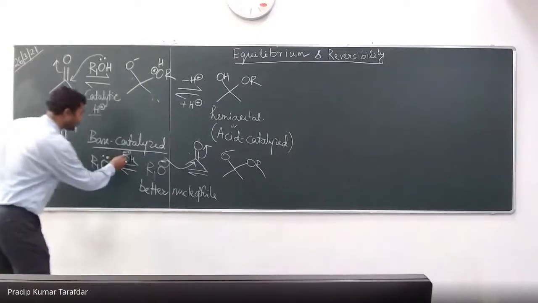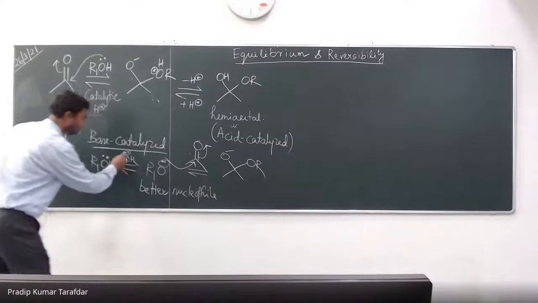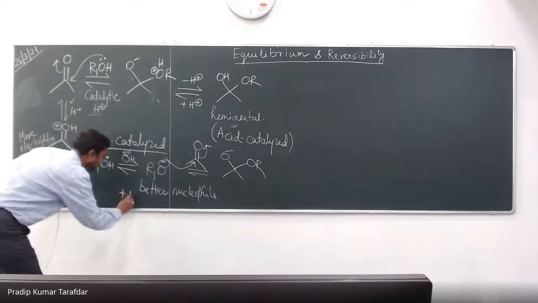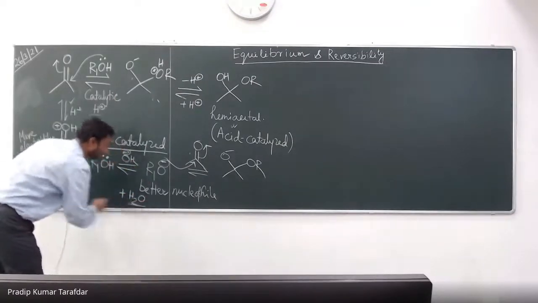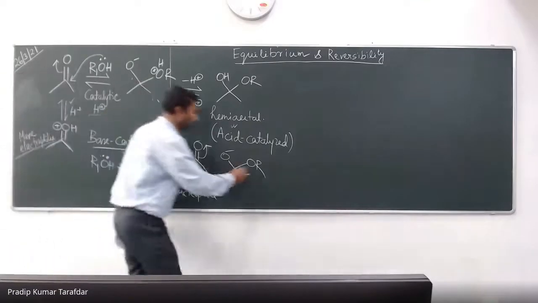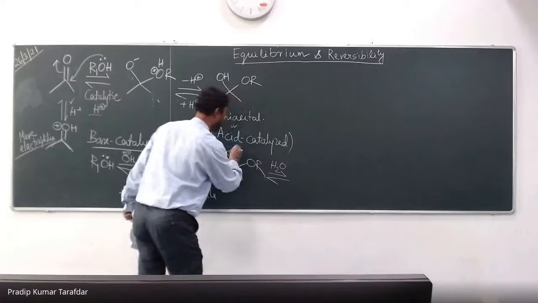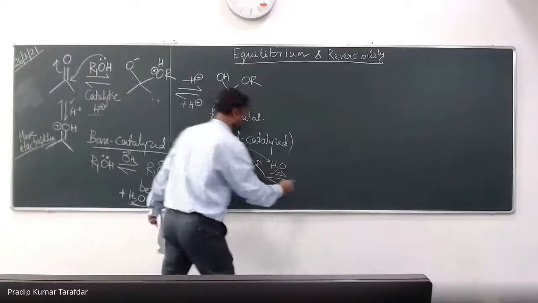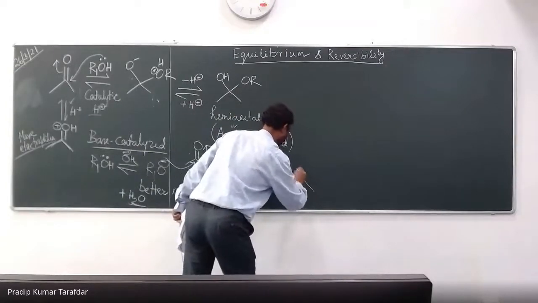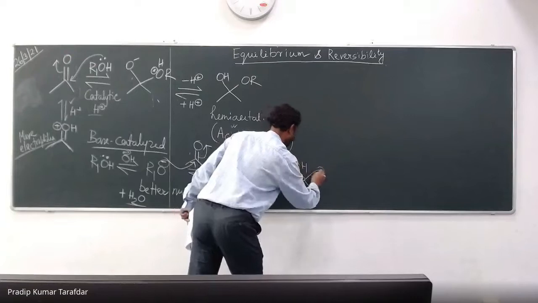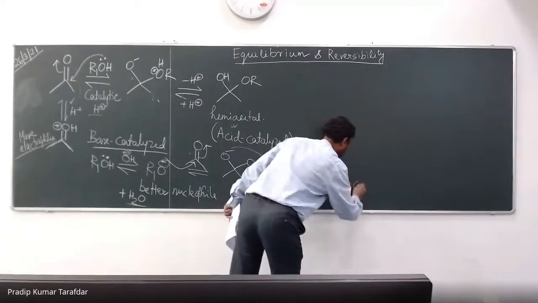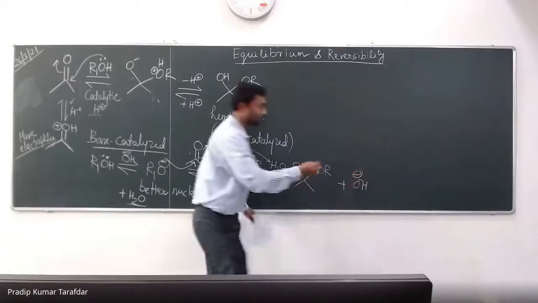So here you will get OH minus, and what will be the fate of this OH minus? It will act as water. You will get water. Then this water will be protonated. From this water it can take a proton. So what you will get? You will get OH OR plus OH minus. See, again you are generating it.